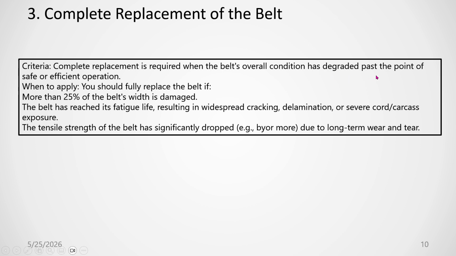Then complete replacement is required when the belt's overall condition has degraded past the point of efficient operation. It's totally degraded, and you should fully replace the belt if more than 25% of the belt width is damaged throughout, frequently, and the belt has reached its fatigue life, resulting in widespread cracking and delaminations, carcass exposure, and the tensile strength of the belt has significantly dropped.